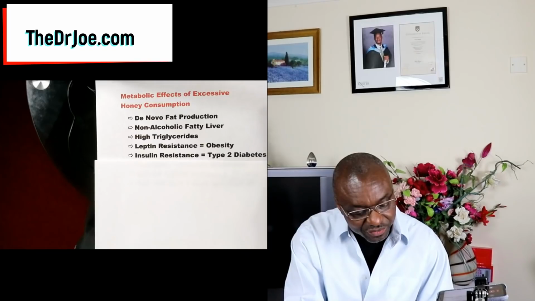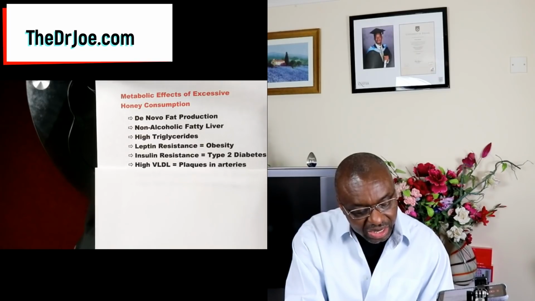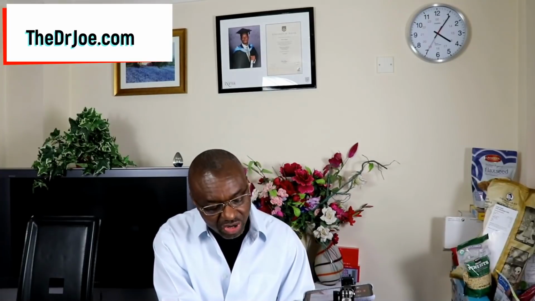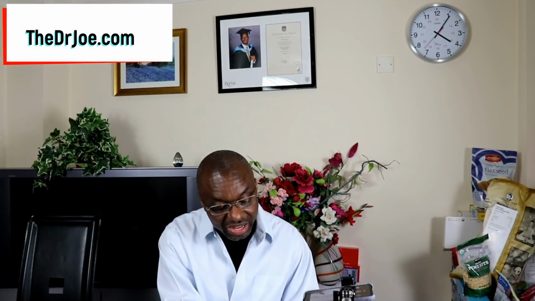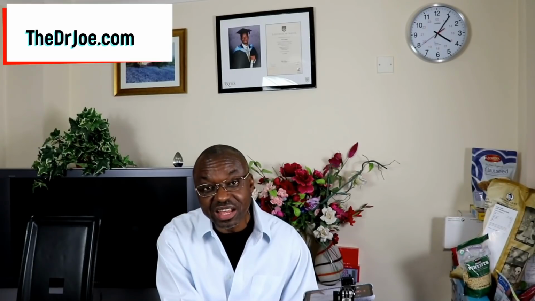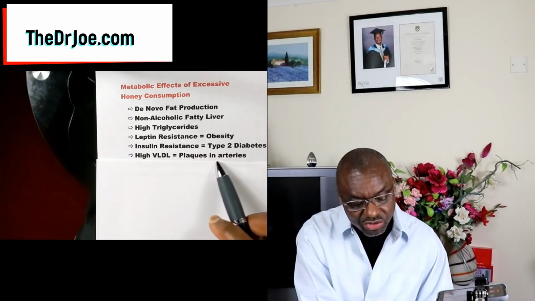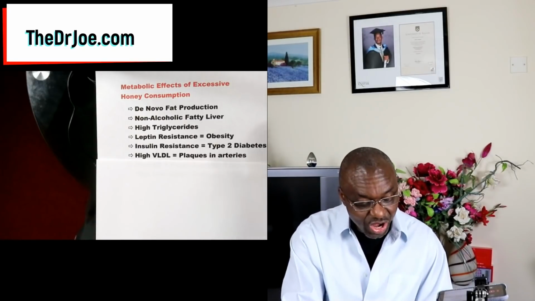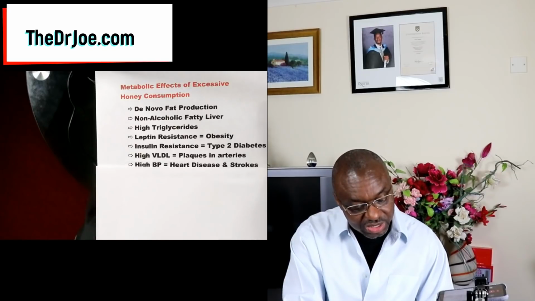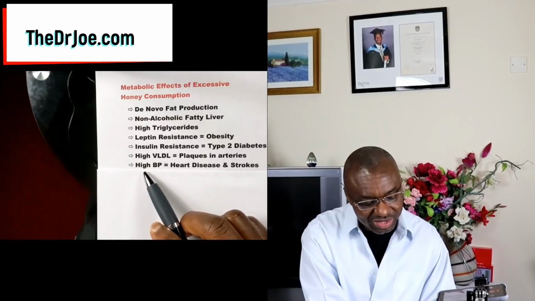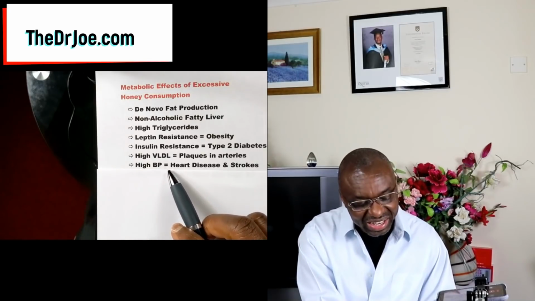Next metabolic effect of excessive honey usage will be high VLDL. The VLDL carry the triglycerides, and of course I told you already that triglycerides are bad news for our health because they will also lead to formation of plaques in our arteries, which ultimately will result in stiff arteries, and stiff arteries will give us high blood pressure.